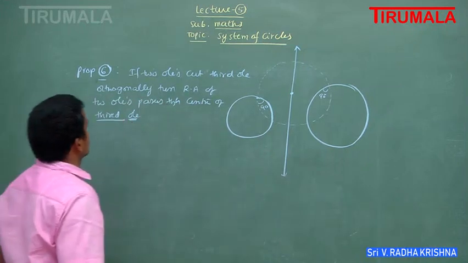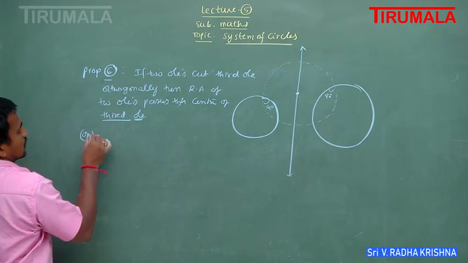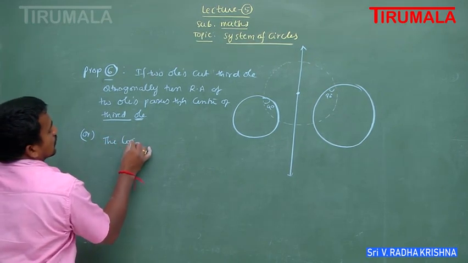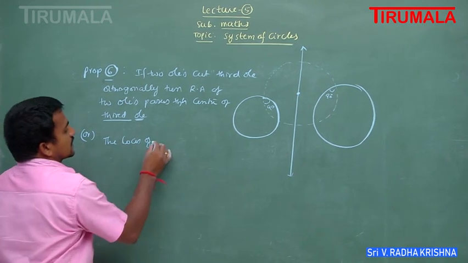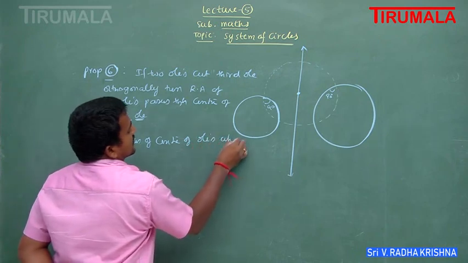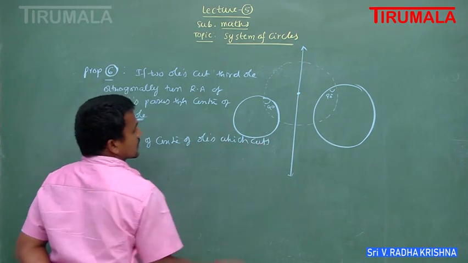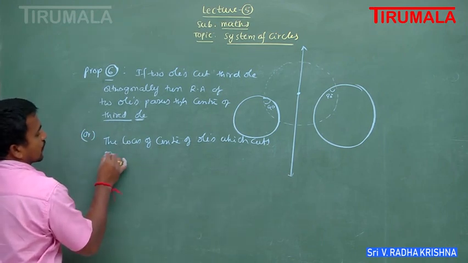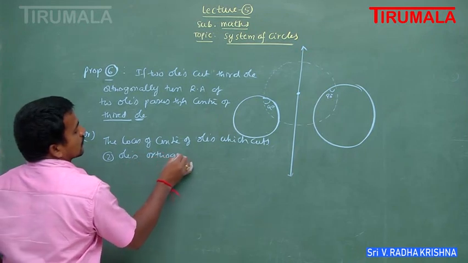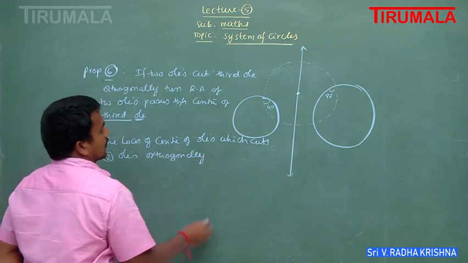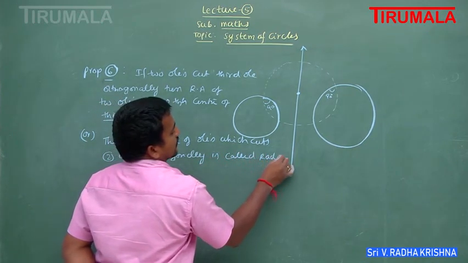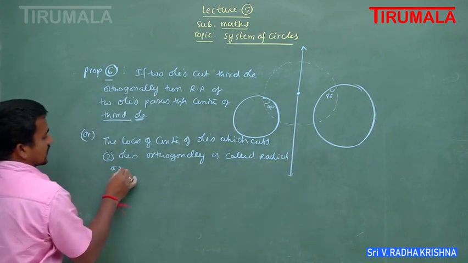The other definition is: the locus of the centers of circles which cut two circles orthogonally is called the radical axis of the two circles.